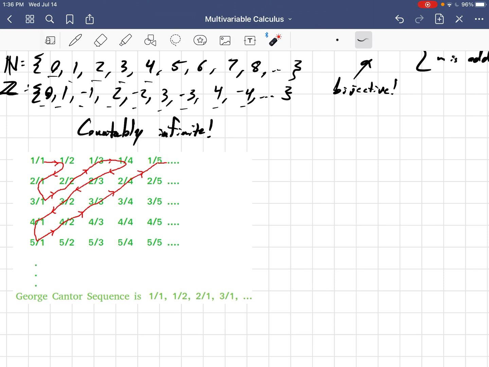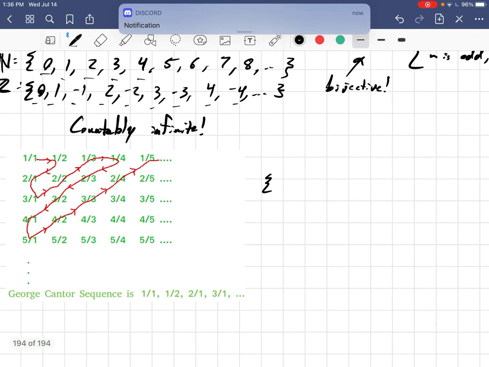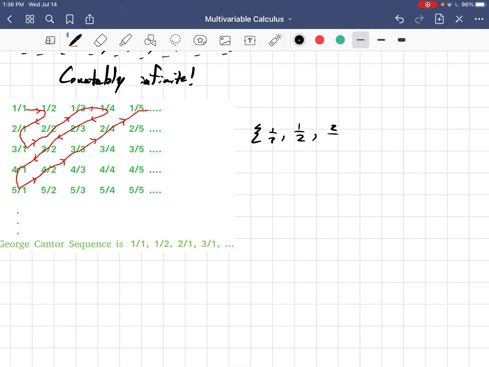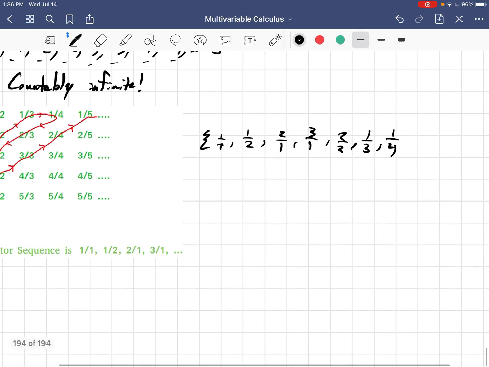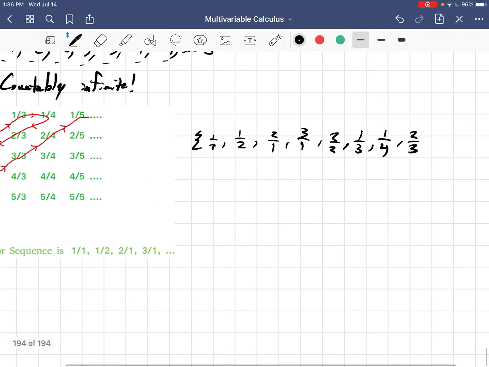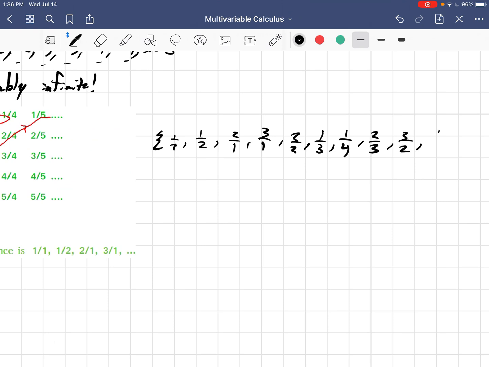And so listing them in this way, if I were to write the set as 1 over 1, 1 over 2, 2 over 1, 3 over 1, 2 over 2, 1 over 3, 1 over 4, 2 over 3, 3 over 2, and then 4 over 1, and so on, right?